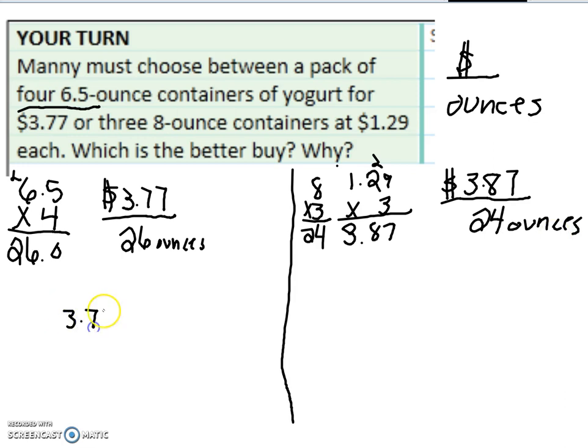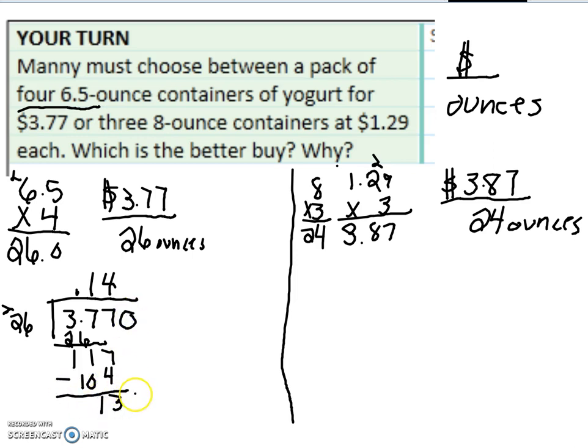So we have 377 divided by 26. 26 can't go into 3. It can go into 37 one time. I subtract. 26 can go into 117 4 times. 4 times 6 is 24. 4 times 2 is 8, 9, 10.